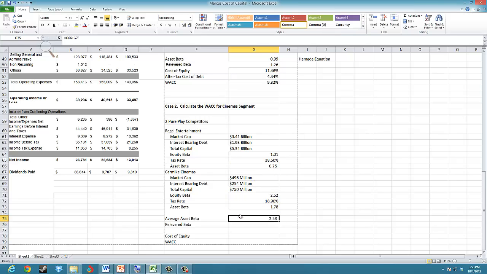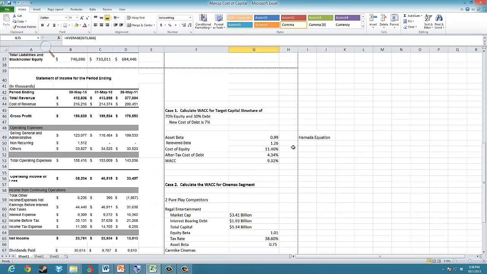And I get an average asset beta of 1.27. One thing to think about is, does this sound reasonable for the company?